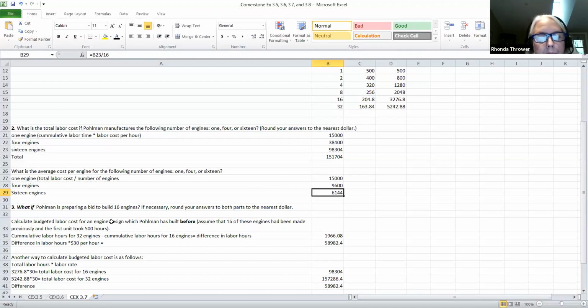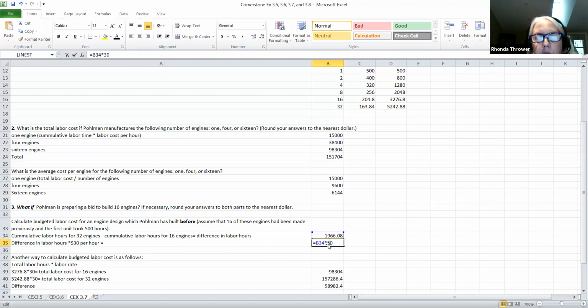So what they're asking you to do is, you had previously built 16 engines, we're going to build 16 more, so we're really building 32 engines. So you'll want to find the cumulative labor hours for 32 engines, and you'll want to subtract from it the cumulative labor hours for 16 engines. And what that will give you is a difference in labor hours that we would multiply by $30 per labor cost per hour.